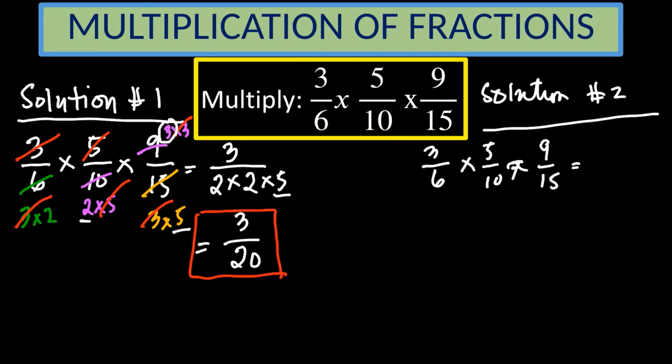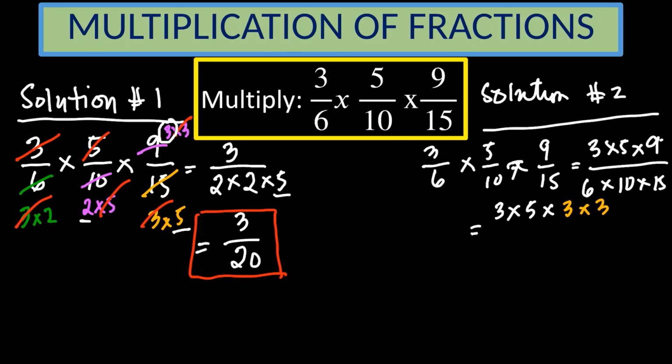And so we will have 3 times 5 times 9 in the numerator, and 6 times 10 times 15 in the denominator. Let's now identify the prime factors of 9, 6, 10, and 15. Since 3 and 5 are prime factors, we don't need to look for their prime factors. So let's have here 3 times 5 times, and the prime factors of 9 are 3 times 3.